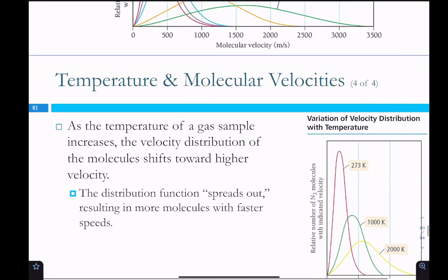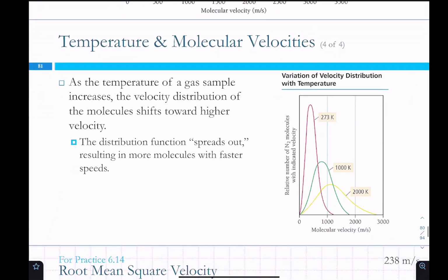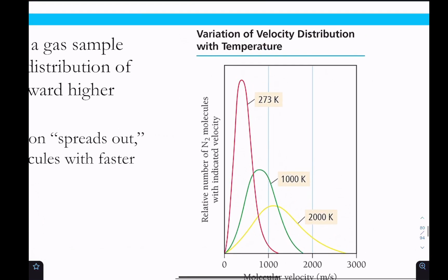Also, as temperature increases, those velocities spread out. So even if you just take nitrogen, start at 273, and then increase the temperature, you get more and more possible velocities.